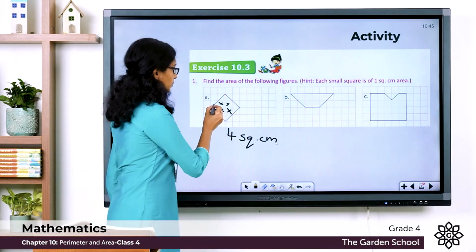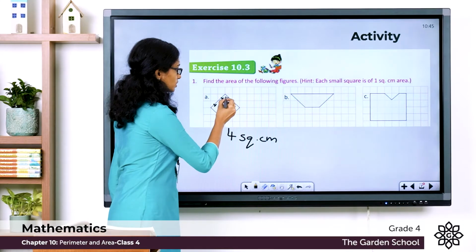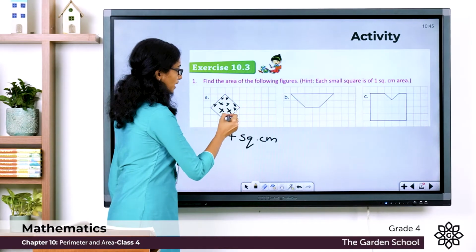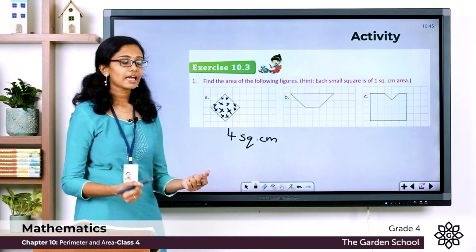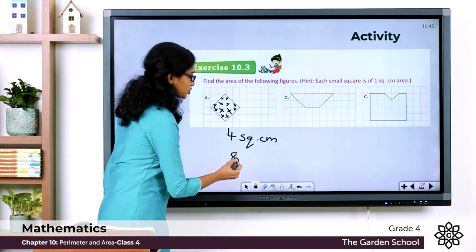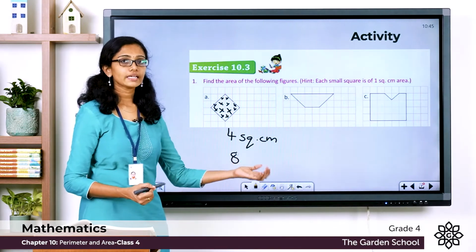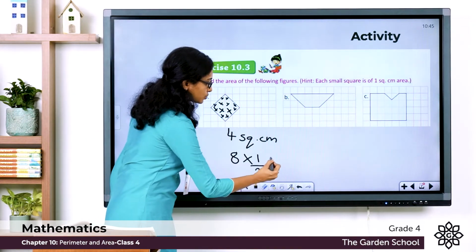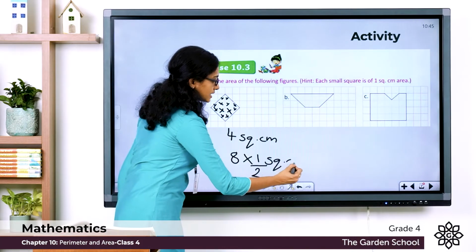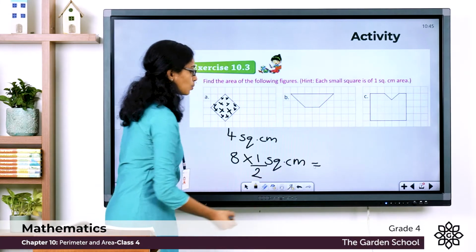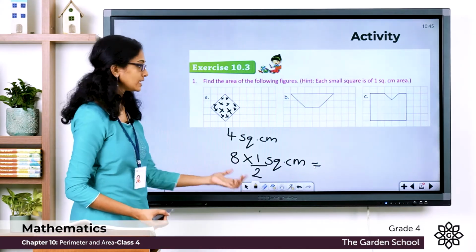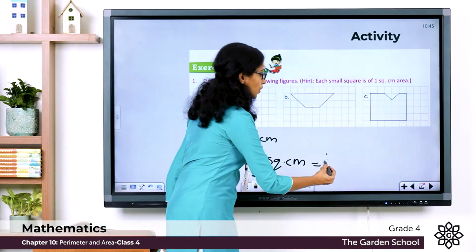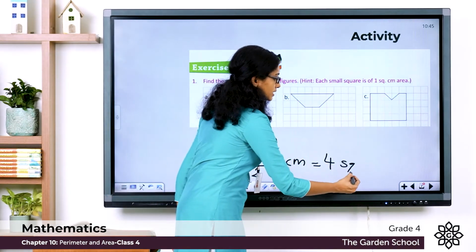So, there are 1, 2, 3, 4, 5, 6, 7, 8. There are 8 half squares, which means the area of 8 half squares is equal to 8 into 1 by 2 square centimeter. And what is 8 into 1 by 2 or half of 8? That is equal to 4 square centimeter.